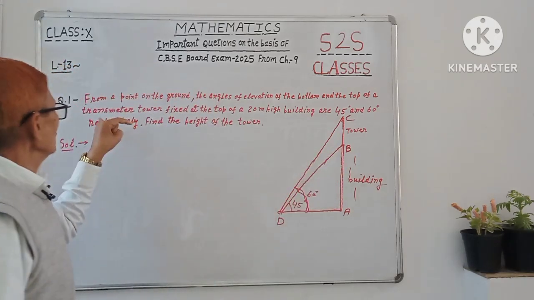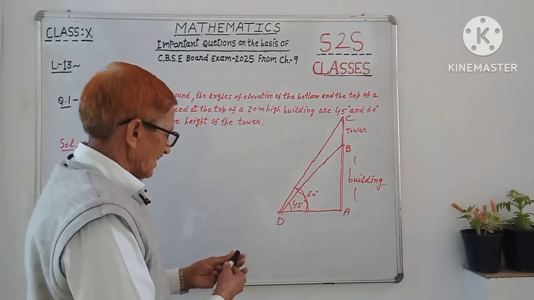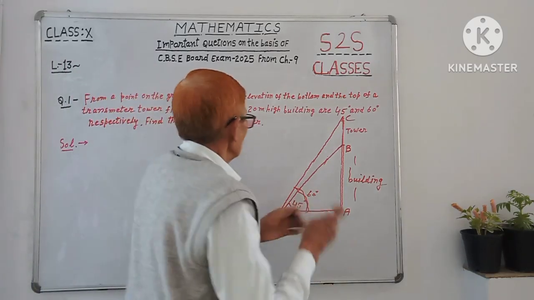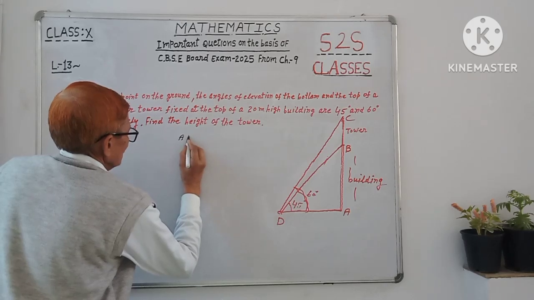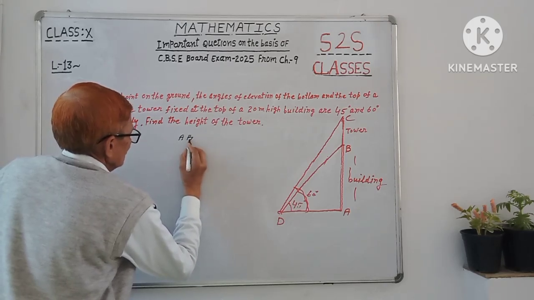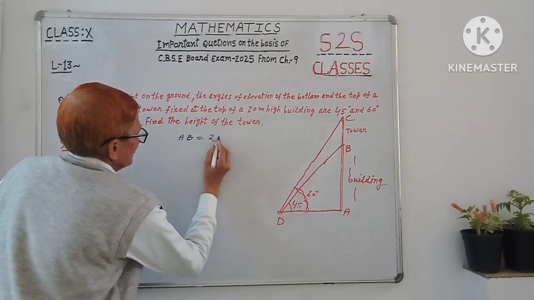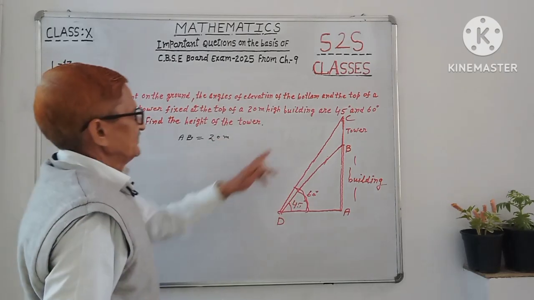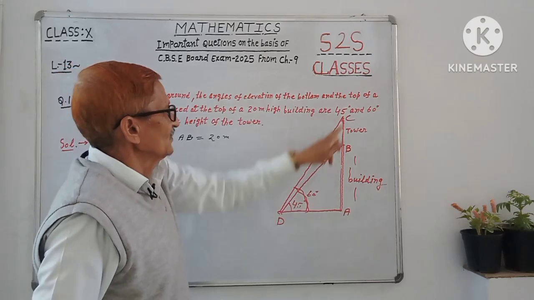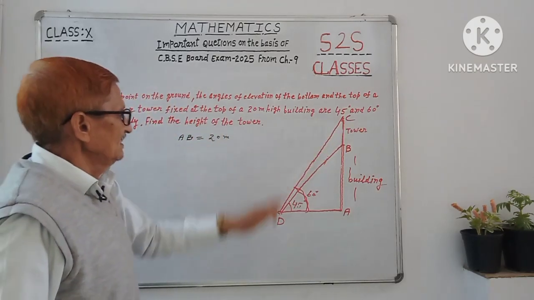AB is the building. The transmission tower is fixed at the top of a 20-meter high building. So AB is 20 meter. Given. After that, the angles are 45 and 60 degrees. Find the height of the tower.